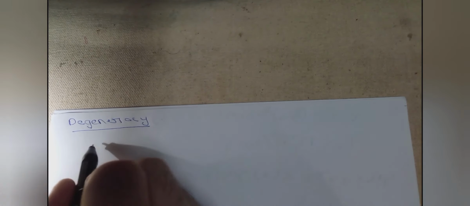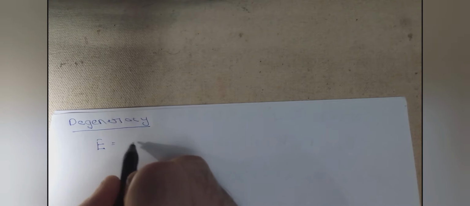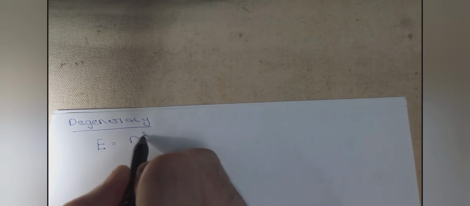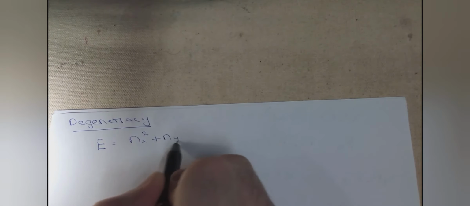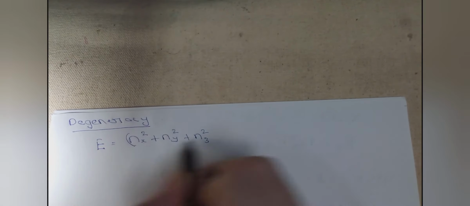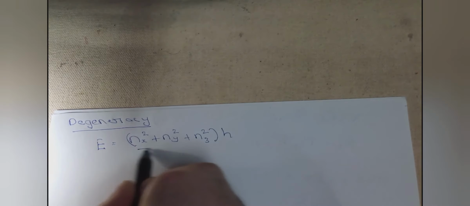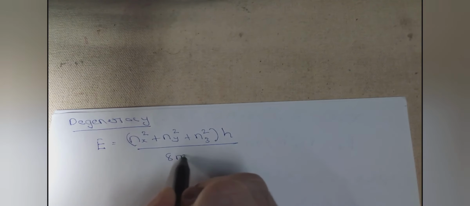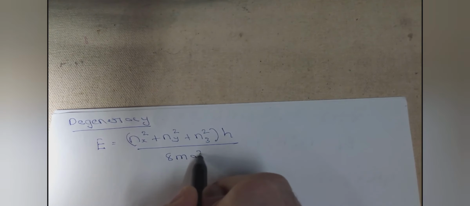Now let us see degeneracy of states. The energy for particle in three-dimensional box is given as (nx square plus ny square plus nz square) h square divided by 8ma square.